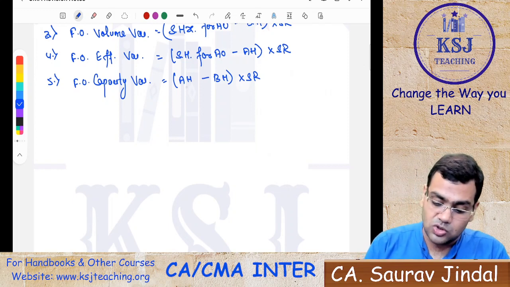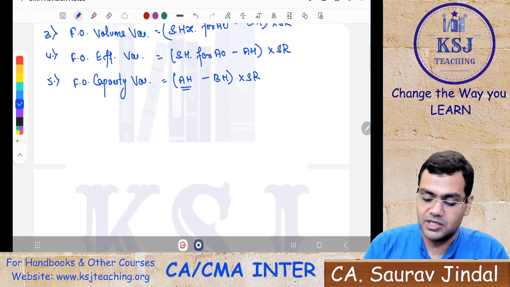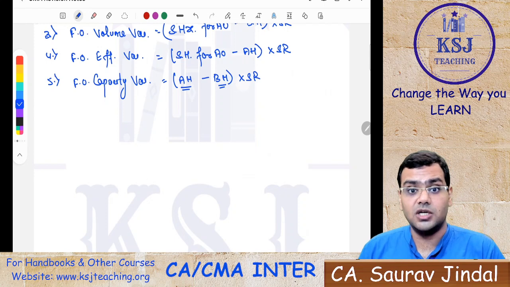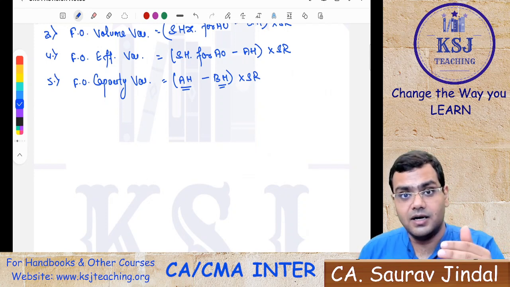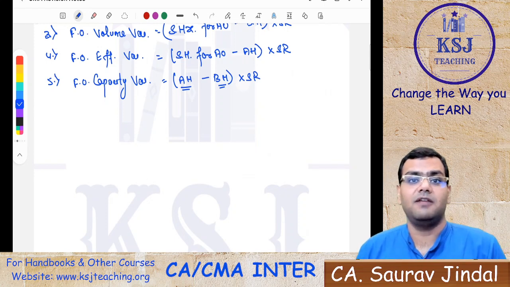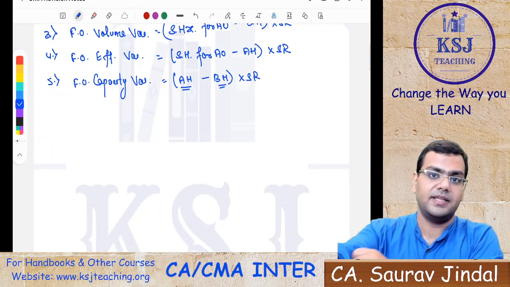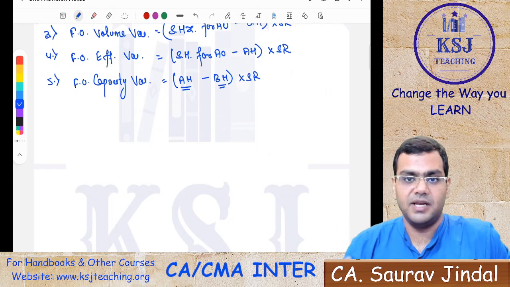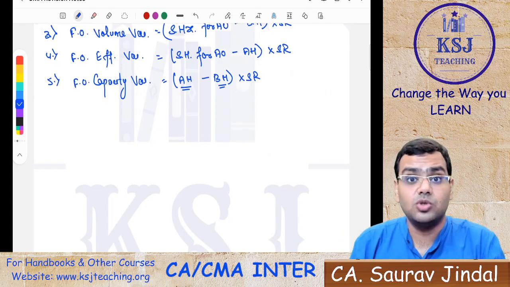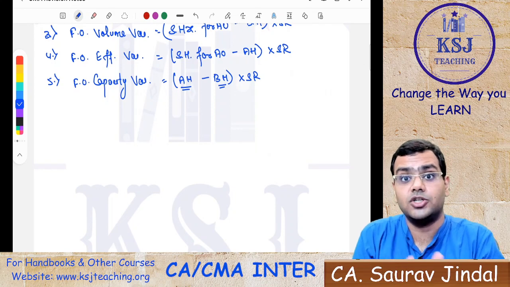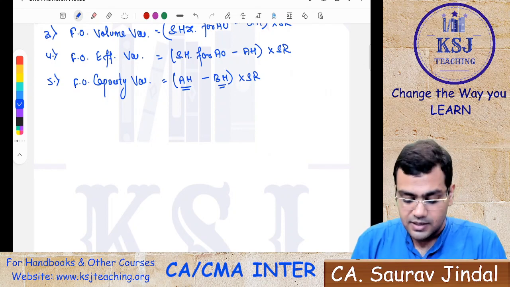That is why the actual hours are taken first and then the budgeted hours. Whatever should be higher, that higher value is beneficial. Like we say the cost should be higher, the actual should be less, then it is beneficial. Here the actual capacity, the actual number of hours, should be higher than the budgeted capacity.